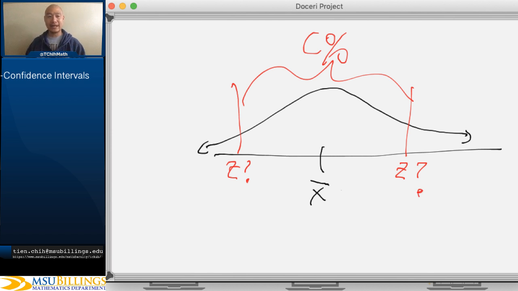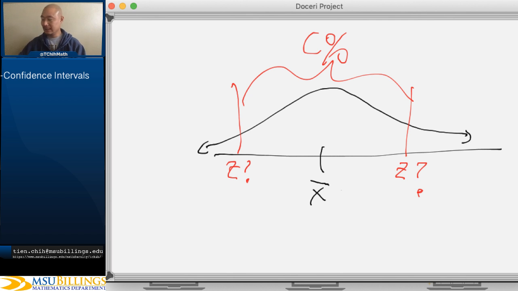What are those z values? And this is pretty much exactly what we've been doing in chapter 3 when I say, all right, find the K values so that if I go plus and minus this K, I get blah percent within this range, right? Now, instead of a K, it's just a z, and the margin of error, that's that K, all right?